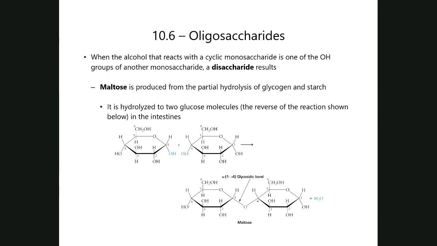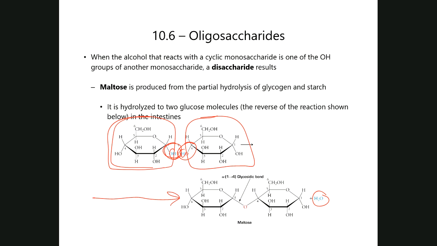This is turning into a big old mess, so let me just clean this up. So this piece, the alcohol, exchanges for this, right? And then the OH and this H end up as water, and this whole big thing ends up attached to this whole big thing. Well, this is what we have here, okay?